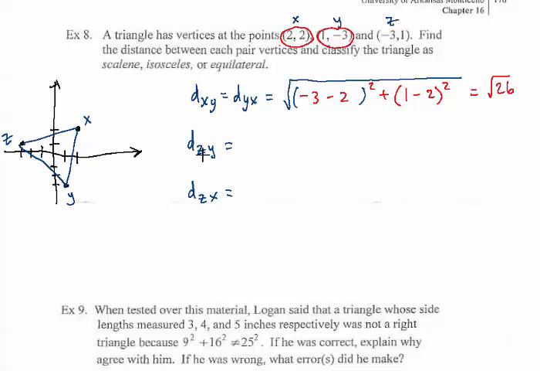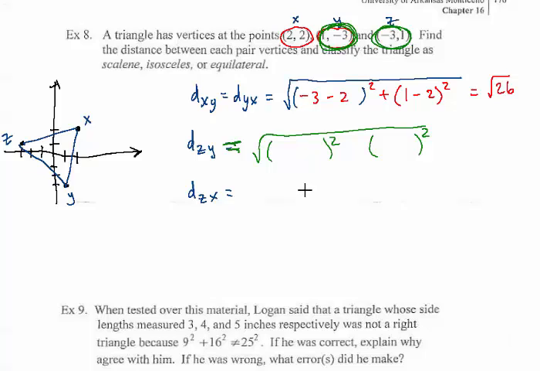And now we'll compute the distance between point Z and Y. So these 2 points, coordinates, alright, what goes in the parentheses?